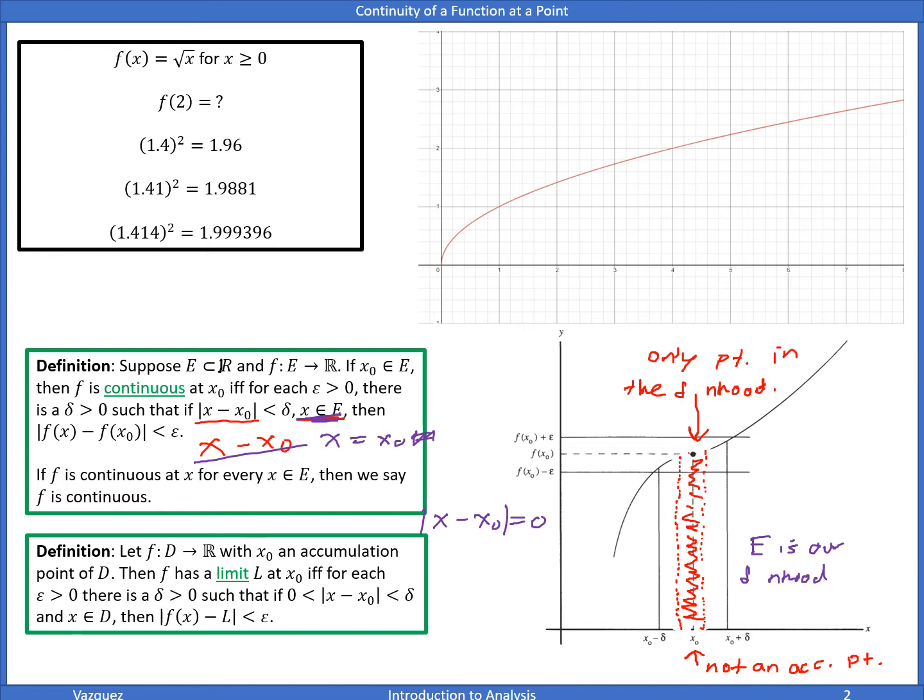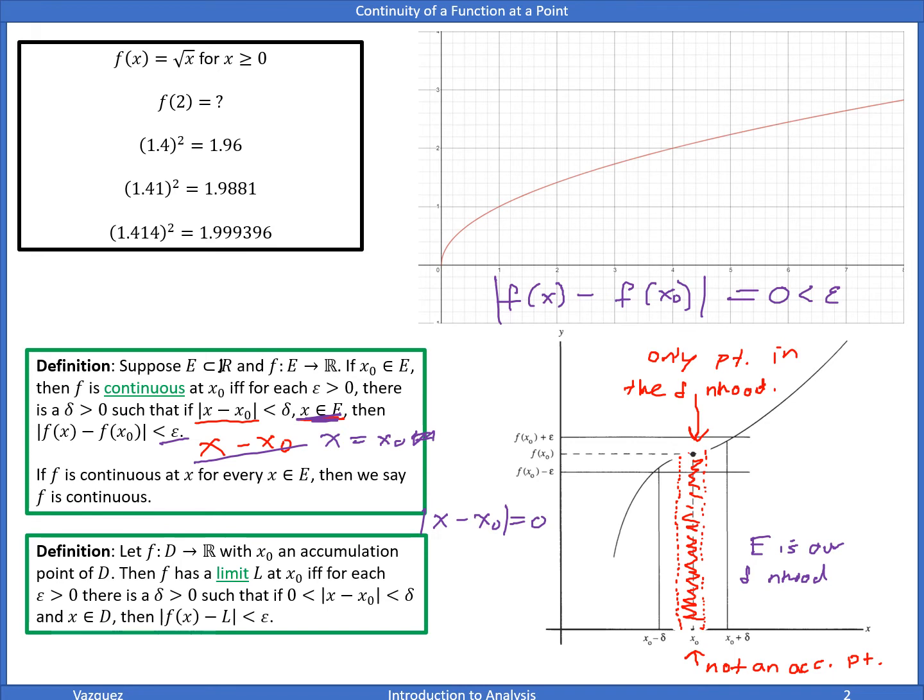Right? So what does this mean? This means that f of x minus f of x naught, well, it's the same point as well, is equal to 0. And that 0 is less than epsilon. And epsilon has to be greater than 0, right?